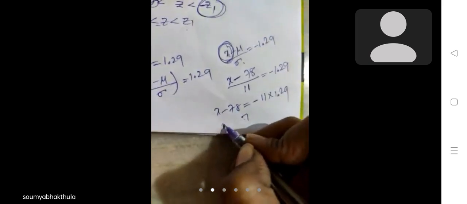so x minus 78 equals to minus of 11 into 1.29. So this will be x minus 78 equals to 11 into 1.29 will be 14.19. If you take 78 to this side, x equals to 78 minus 14.19.